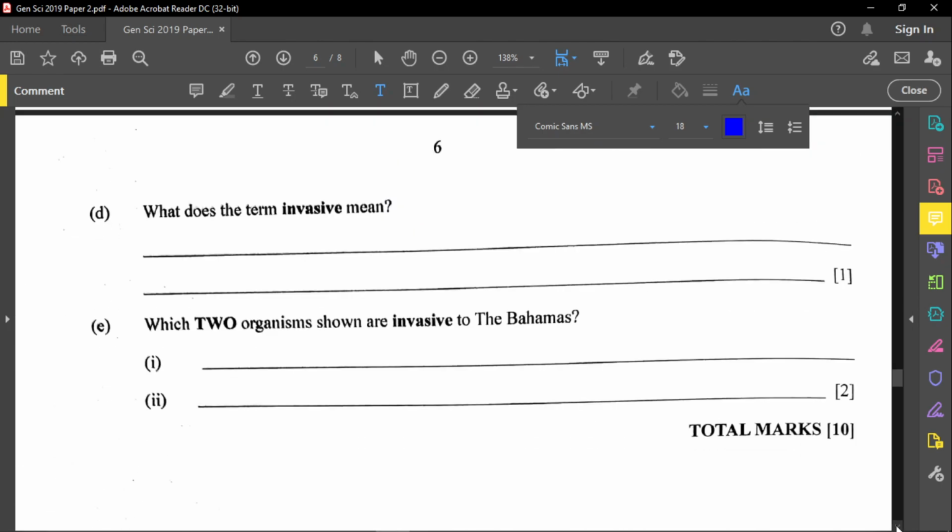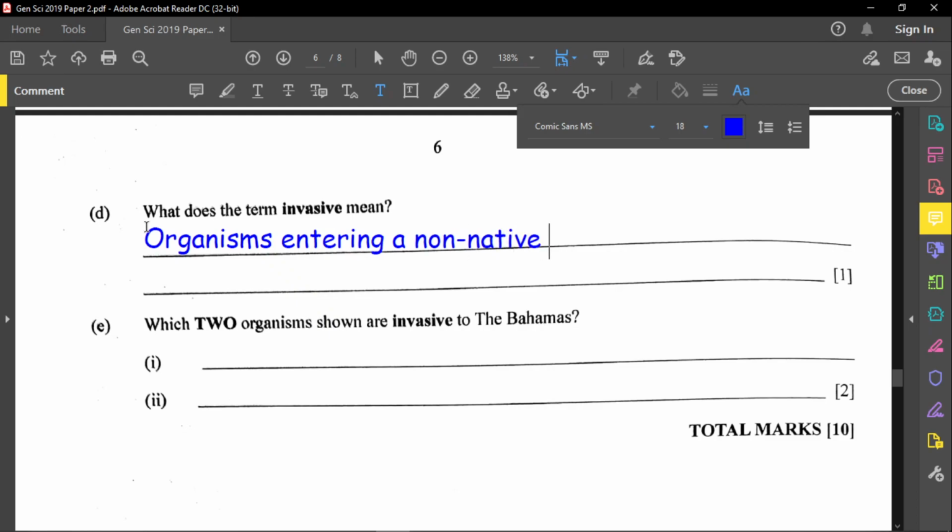The next part of the question, which is part D, is what does the term invasive mean? And so invasive, it means that organisms, let's put it carefully here, so the organisms entering a non-native, which means it's not its natural environment or ecosystem.